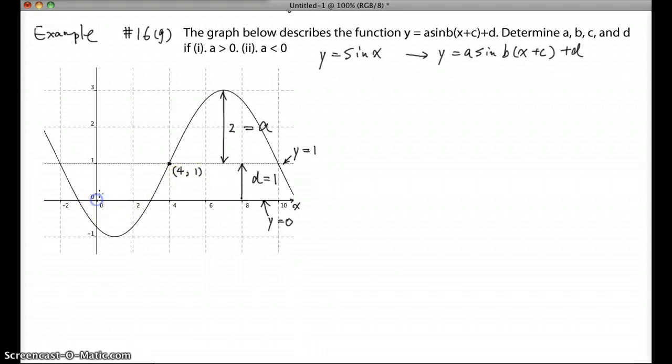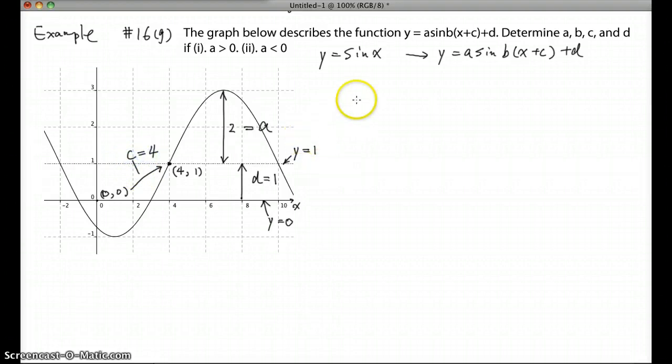Originally, it should be (0, 0), right? So this point transforms to this. So you can tell there is a 4 unit horizontal translation to the right. So that's the C. From here you can tell C equals 4.